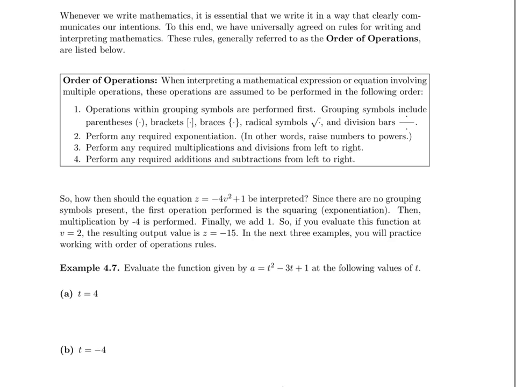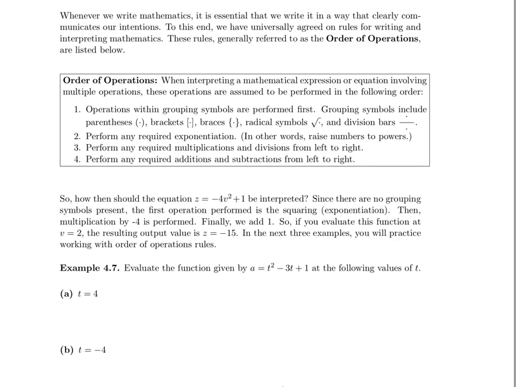Exponentiation just means raising numbers to powers. Third, perform any multiplications or divisions, and we do them left to right. Fourth, perform any additions or subtractions that need to be done, and these are done left to right in the expression or equation.